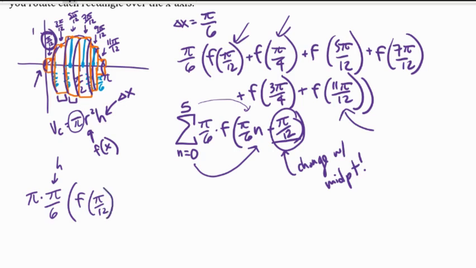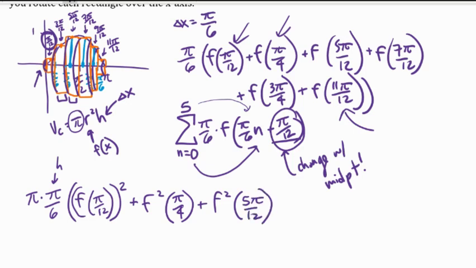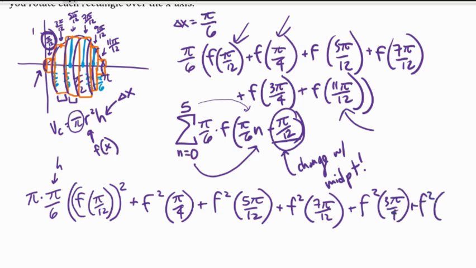There are 2 notations for squaring. You can either do parentheses on the outside, or you can do the squared next to the f. Both of these mean f squared. They're just different presentations of the same thing, which is my r squared. f squared of 3 pi over 4 plus f squared of 11 pi over 12.